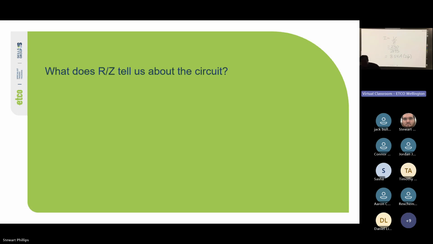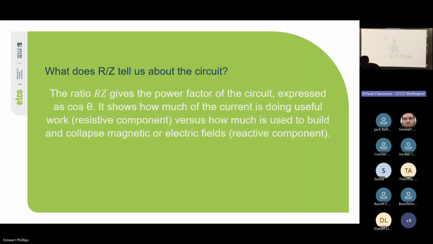Yep, it gives us the phase angle or power factor. So it gives us the power factor of the circuit expressed as cosine theta. It shows us how much of the current is doing useful work, the resistive component, versus how much is being used to build and collapse the magnetic or electric fields, the reactive component.